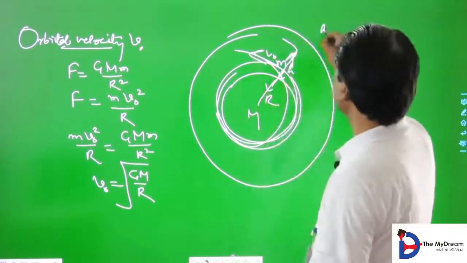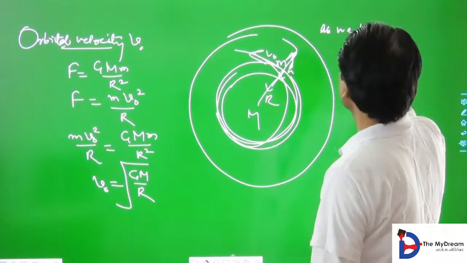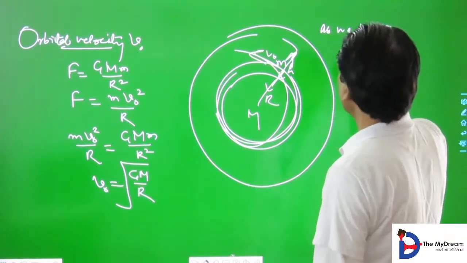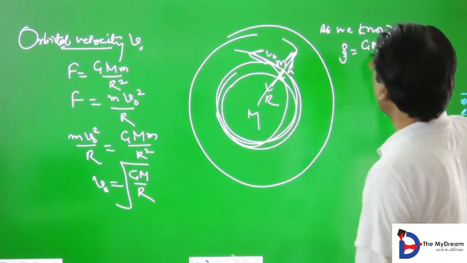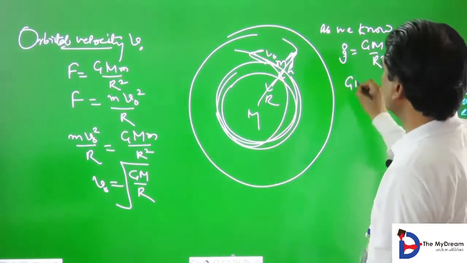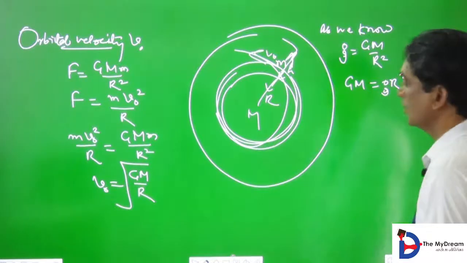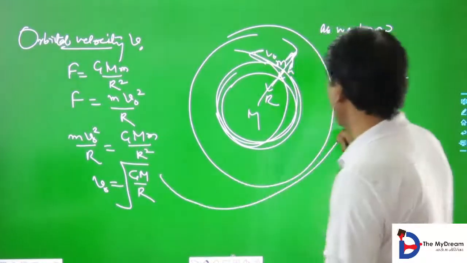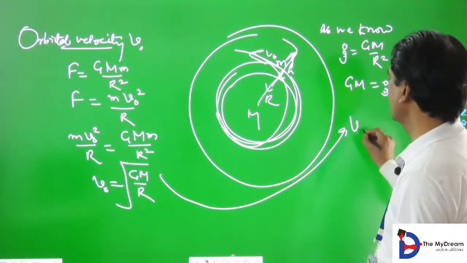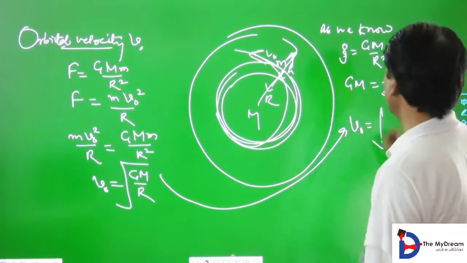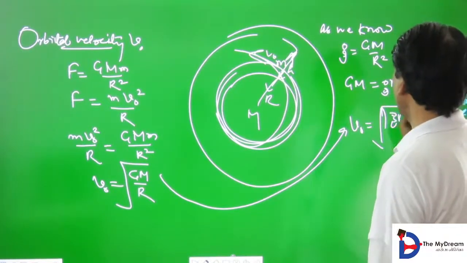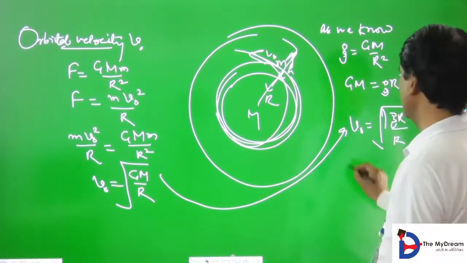As we know, g is equals to GM by r square. So in place of GM you can write down gr square. Here in place of GM you can write down gr square divided by r.